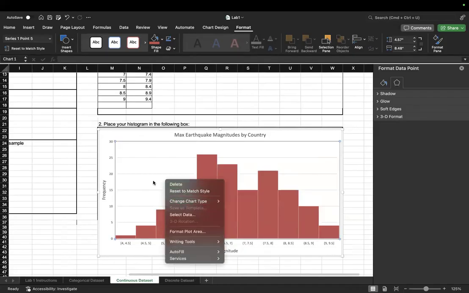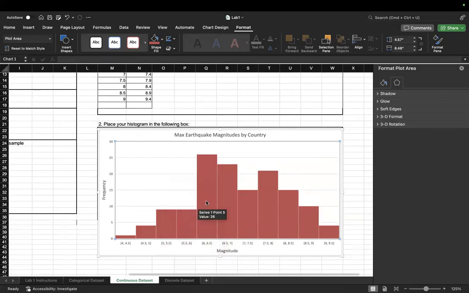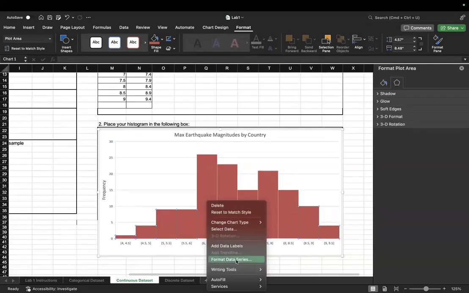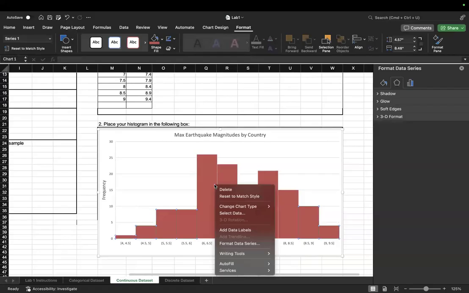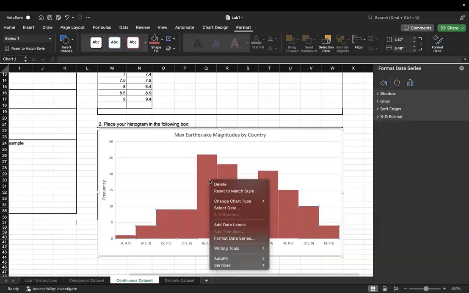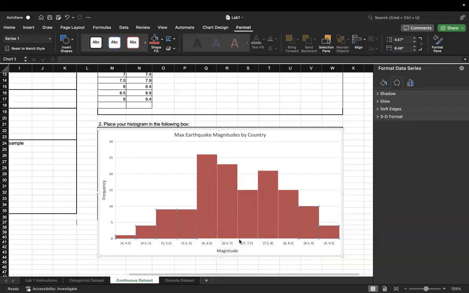Yes. Well, I have series 1, chart area, series 1 data labels, vertical axis, plot area, horizontal axis. Okay, so I do now. I right clicked on the bins, and I have format data series right here. You have that? Yes. Click on that.